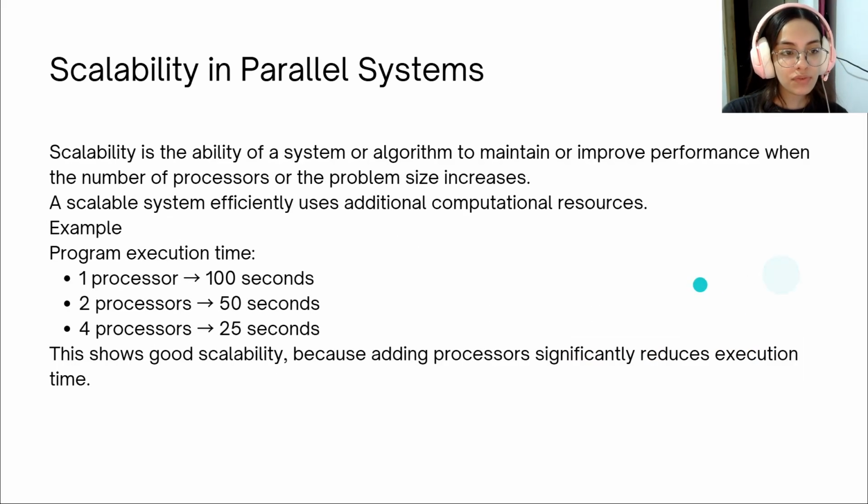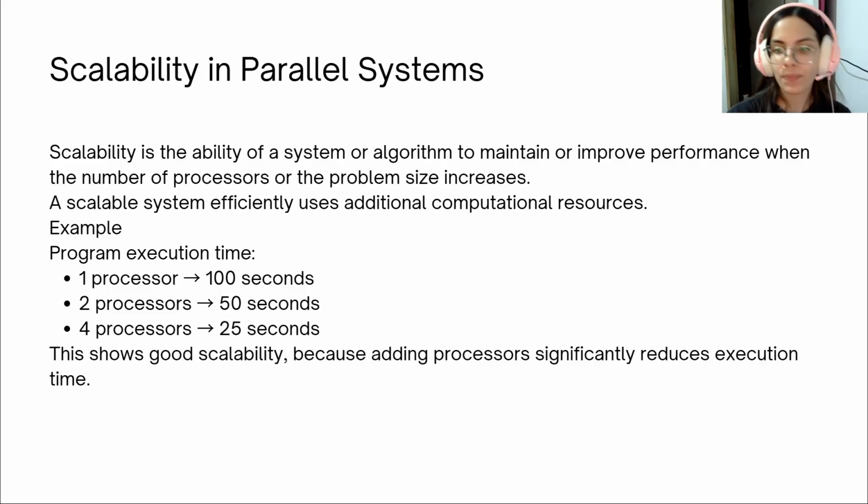So, another fundamental concept in parallel computing is scalability. Scalability refers to the ability of a system or algorithm to maintain or improve performance when the number of processors or the problem size increases. So, a scalable system can efficiently use additional computational resources.